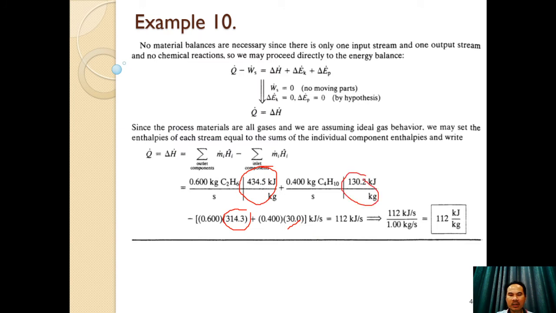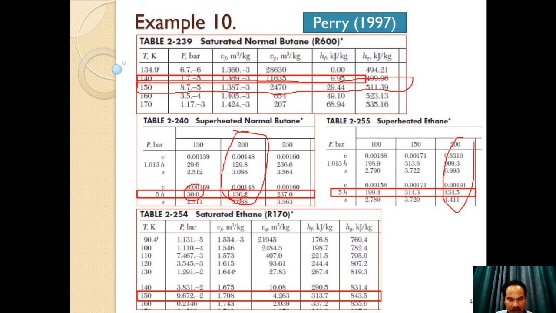Please note that for the input it should be liquid, but the property is about the same, about 29.44 and 30.